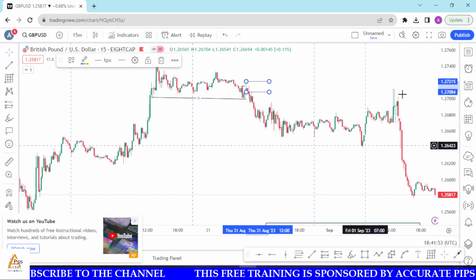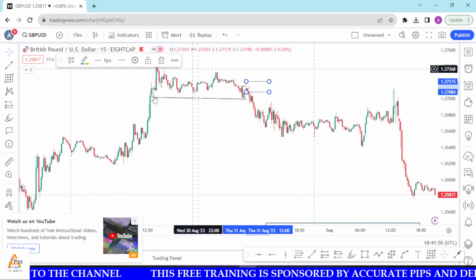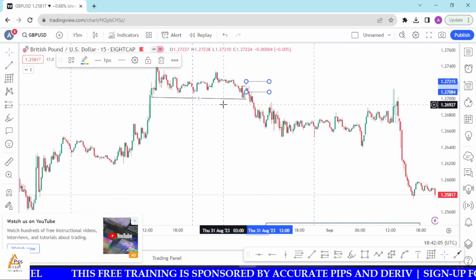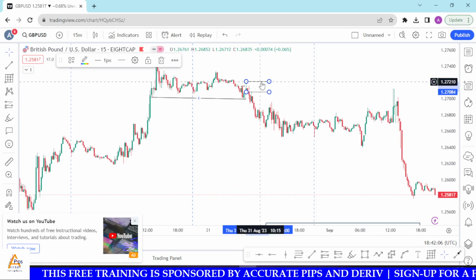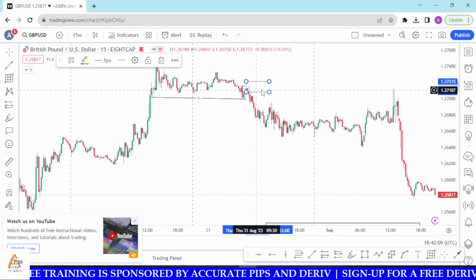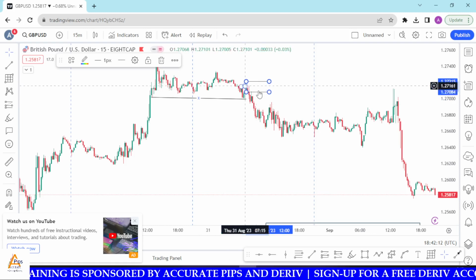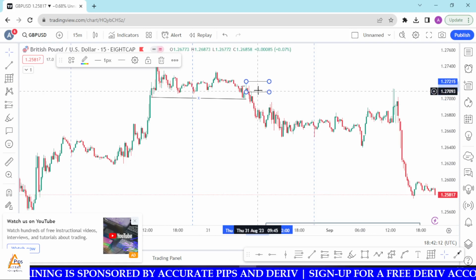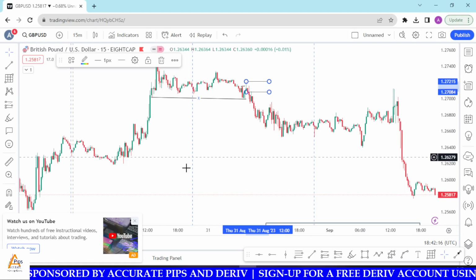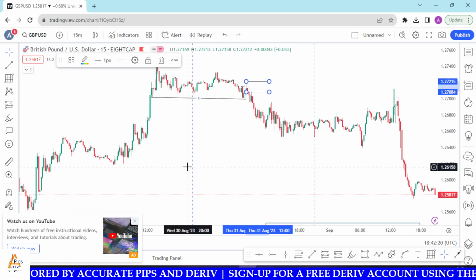But by then, remember, as of now, we have not changed character yet based on structure. So this is the kind of single candle order block I was telling you that you don't just trade. It is after we change character structurally that maybe you can be looking at that.